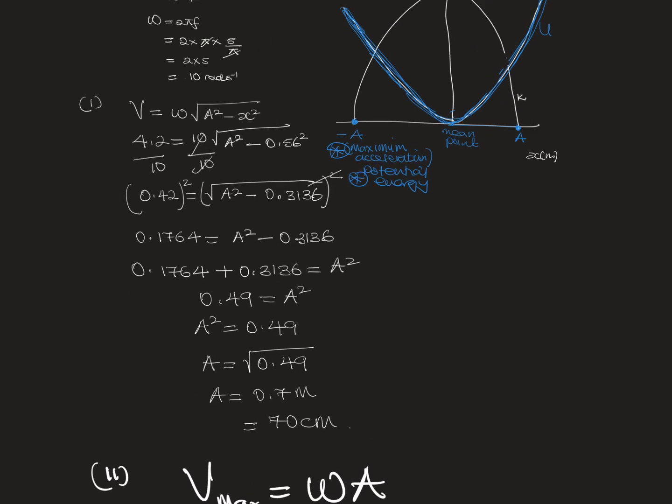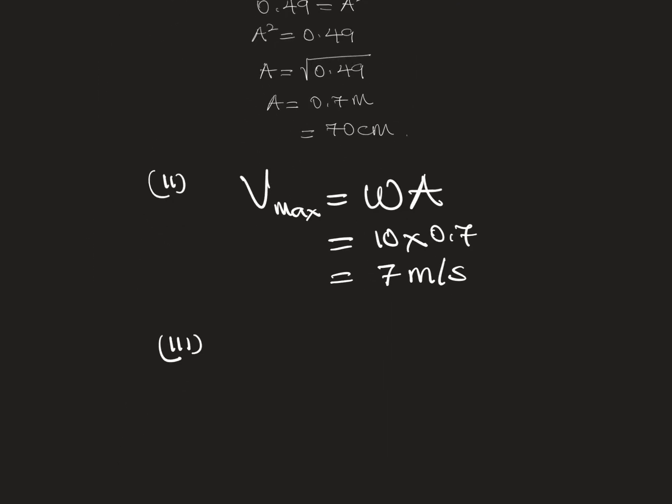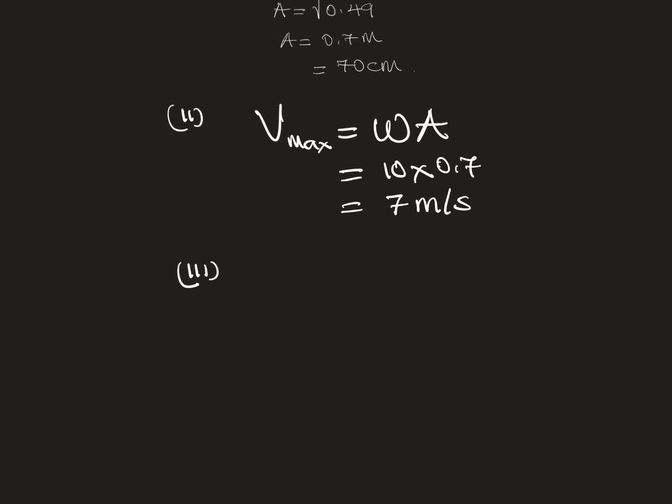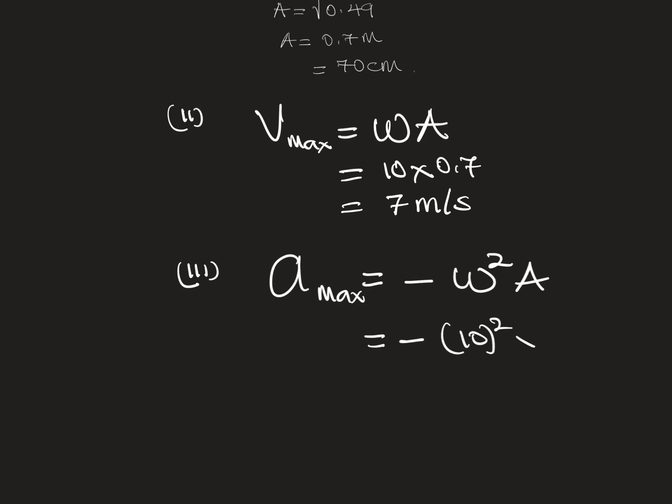Question 3 asks us the maximum acceleration. The maximum acceleration is given by the formula minus omega squared A. So the maximum acceleration will be negative. The angular frequency is 10, so 10 squared multiplied by the amplitude 0.7 gives 70 meters per second squared.